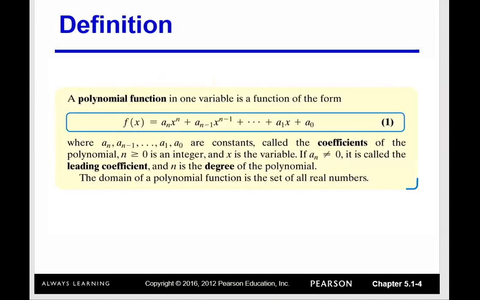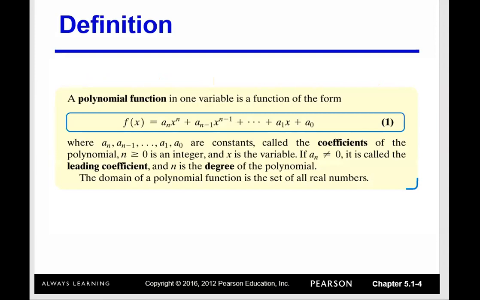basically, if you have x's with exponents, it's a polynomial. A polynomial function in one variable is a function of the form, and then they write this obnoxious explanation with a's and x's and n's, but the a's are the coefficients in front of the variable x.